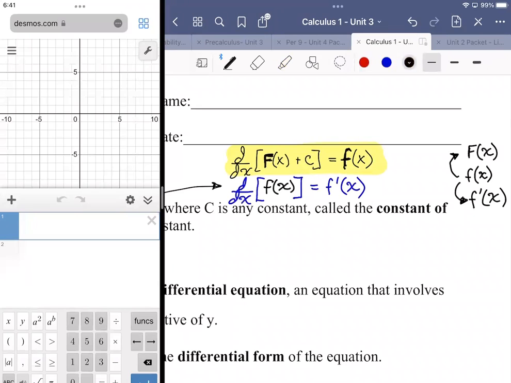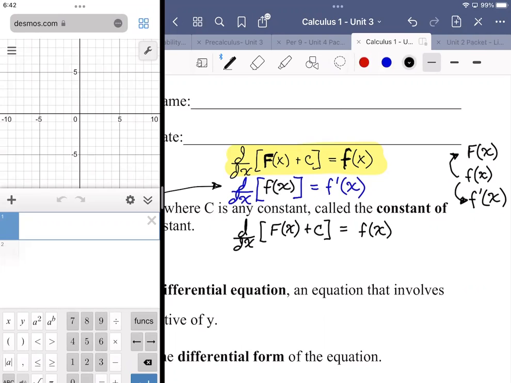But like I said, we're going to be working with this. I'm going to jot it down here, and what I'm about to write is really rehashed in the typed notes. I always found that when I left people to their own devices to interpret what I typed, it doesn't always play out the way I want, so I'm just going to rewrite it. We have d/dx of F of x plus C is equal to, like I said, f of x.